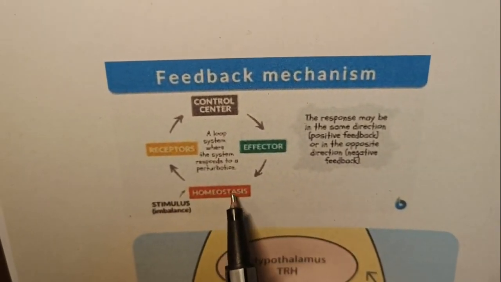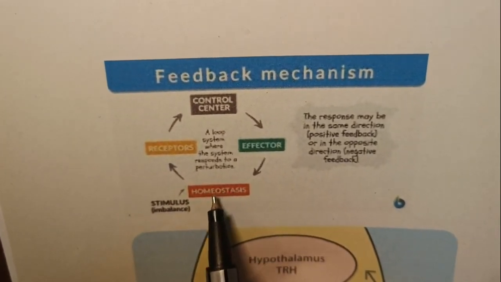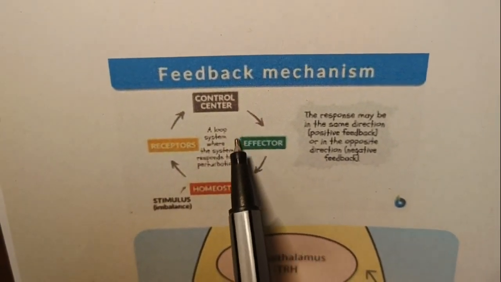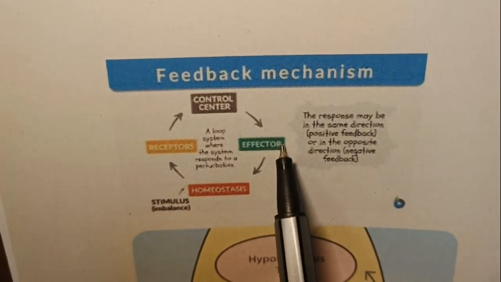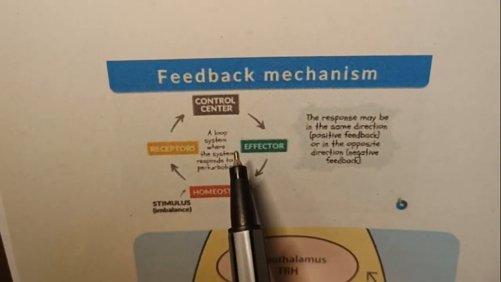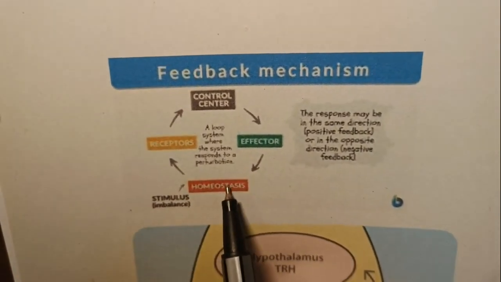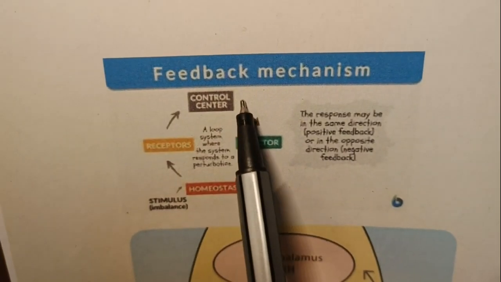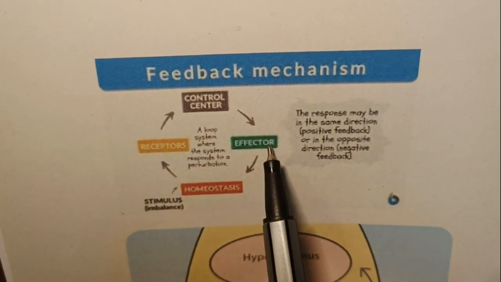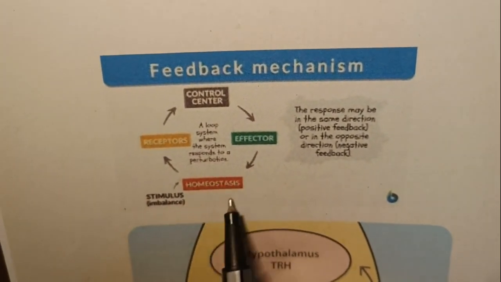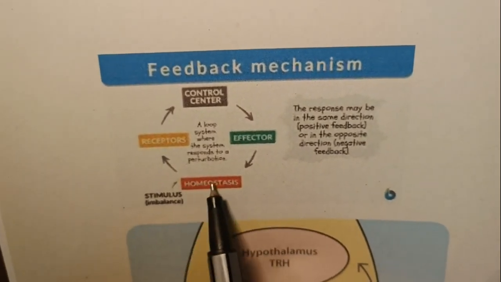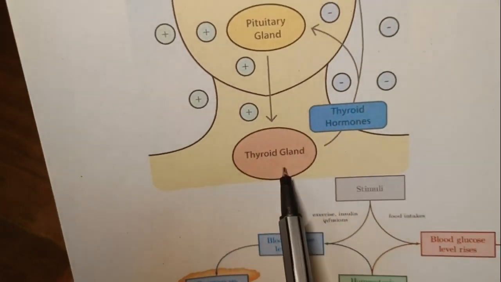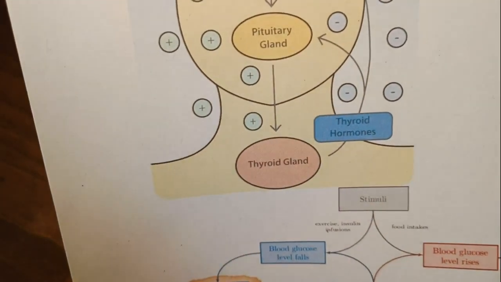And if the result produced is not sufficient, it is less than what it should be, then the control center is stimulated to increase the production of hormone that will increase the release of further hormones from the effector. And this is how the feedback mechanism works. I'll explain in more detail here. Say the thyroid gland secretes thyroid hormones.